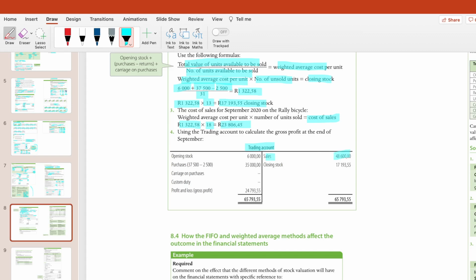You remember that from the previous example. Remember, our opening stock was 6,000. Our purchases were 35,000 rand, and there's no carriage on purchases and also no customs duty. Our closing stock balance is then 17,193 and 55 cents. And then we see we made a profit of 24,793 rand.